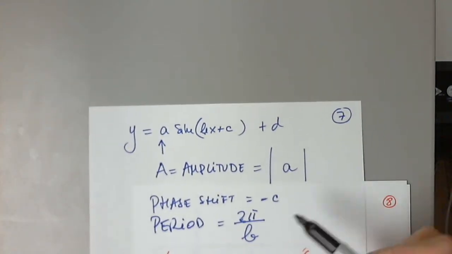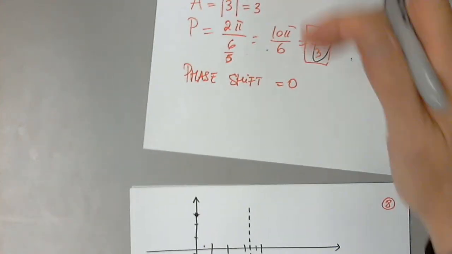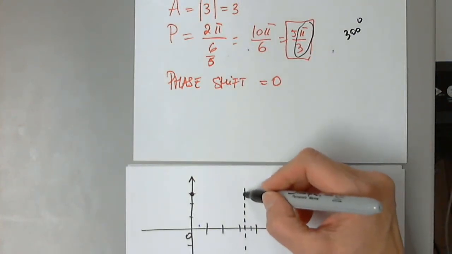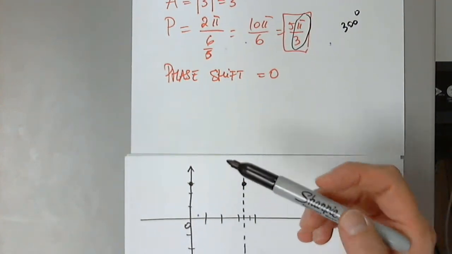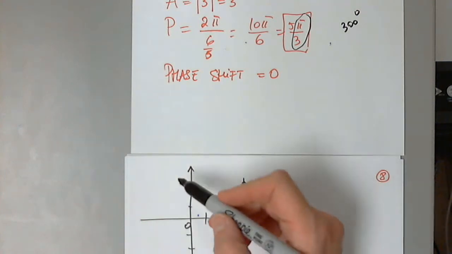Remember, the graph of cosine has to look like a vase. So it starts at (0, 3) and has to end at (5 pi over 3, 3). Right in the middle, exactly in the middle, it has to reach that -3.